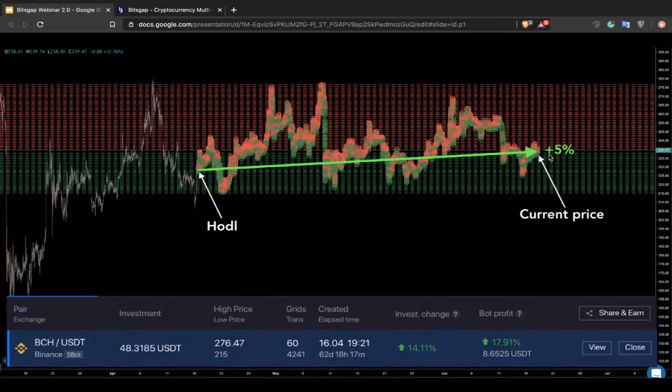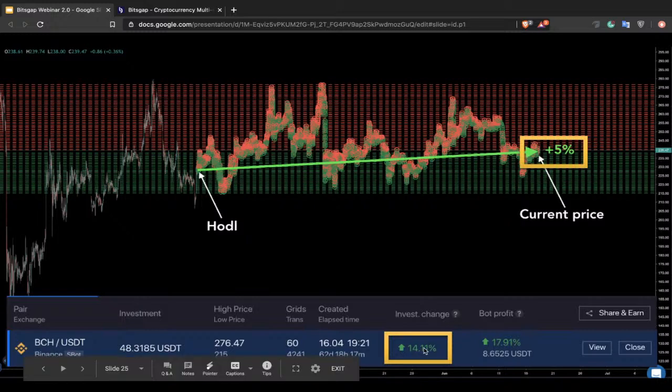So your return on investment would be plus 5%, and that's it, all right? Whereas with automated trading, your investment change would be almost 3 times higher, and here you can clearly see the investment change is 14.11%. So that's because of the added value that the bot has managed to accumulate during this sideways market.